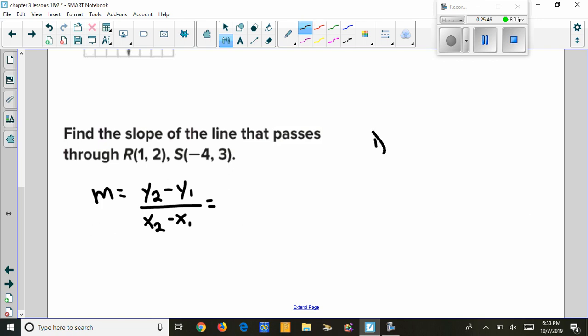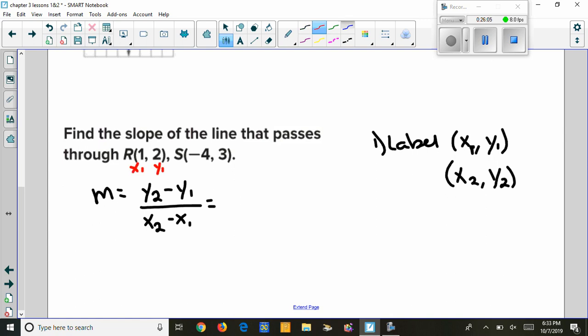So if I look at this as steps, label your x1, y1, and then your x2, y2, or my first and second points.